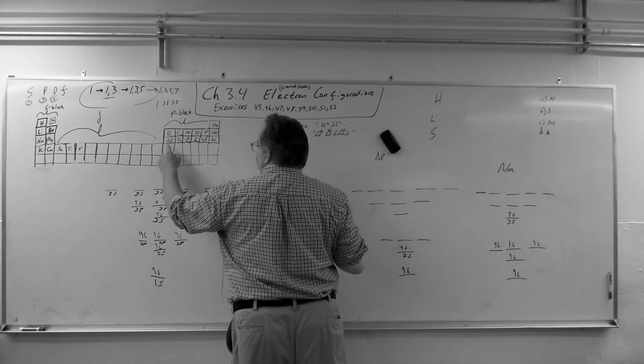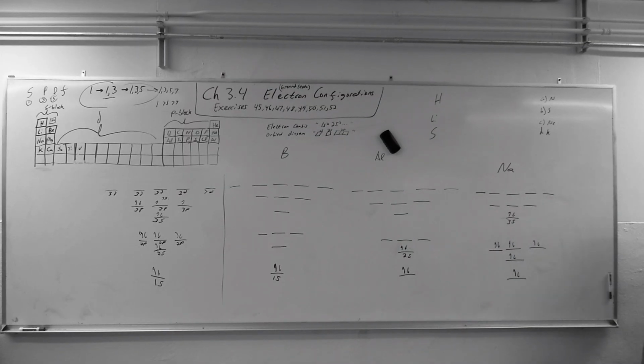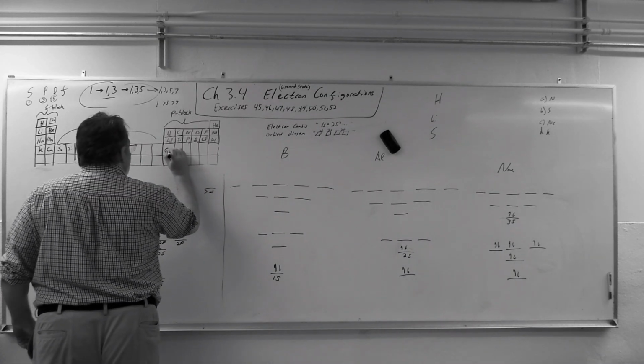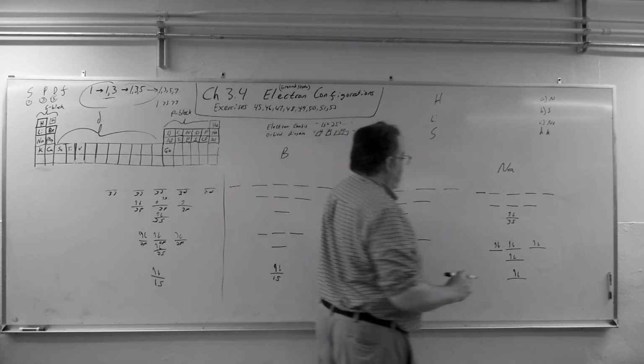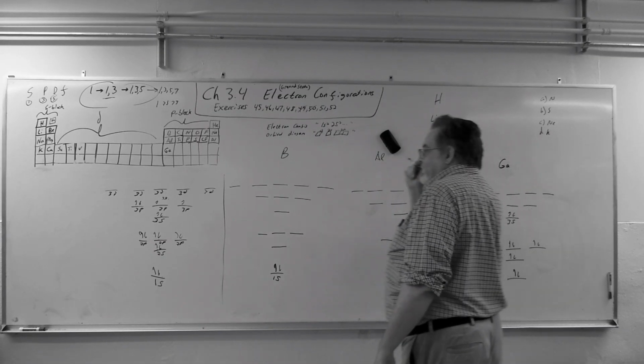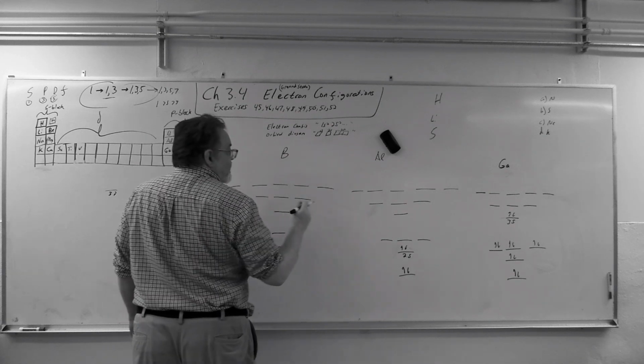So boron, aluminum, and what is below aluminum? Gallium. Let's try to do these. I should stay away from gallium because there are some weird rules that start to occur as you start to fill up these. But let's see what happens.